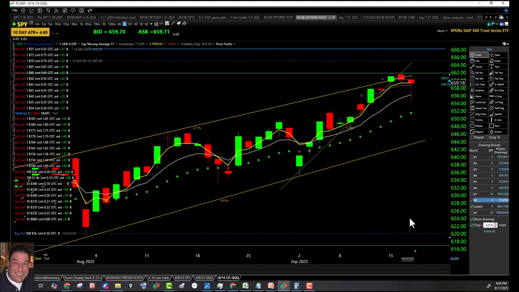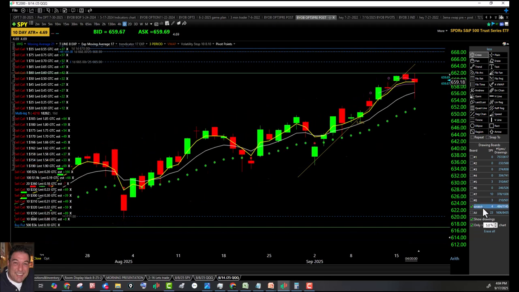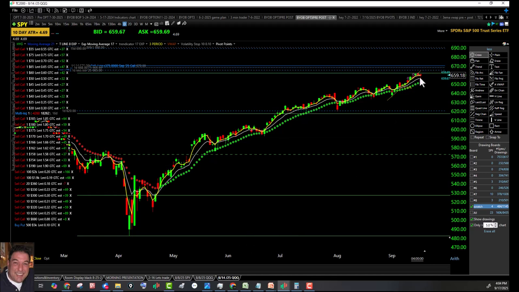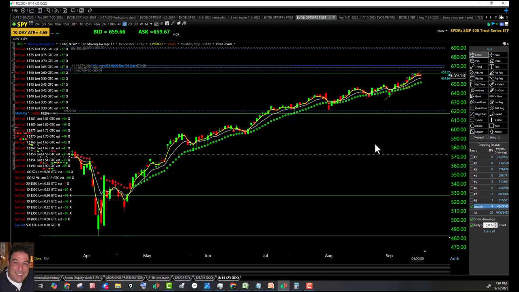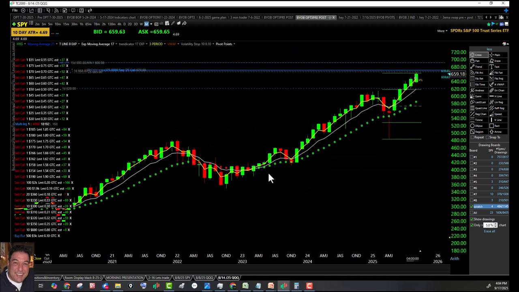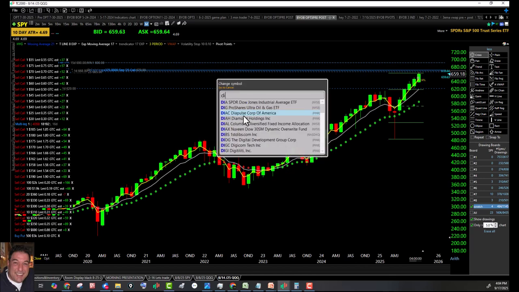All right, that's bullish up there at the top of quadrant 4 on the daily chart. So if we zoom way out, you can see quadrant 4. That's bullish and still in an uptrend. SPY on the daily chart. Weekly chart, still in an uptrend. Monthly chart, still in an uptrend. So there's SPY. Let's take a look at Diamond Dow.